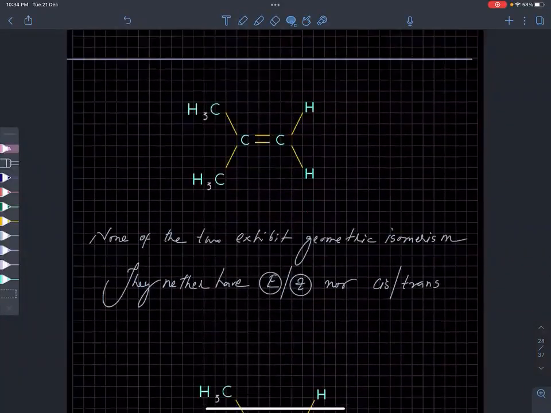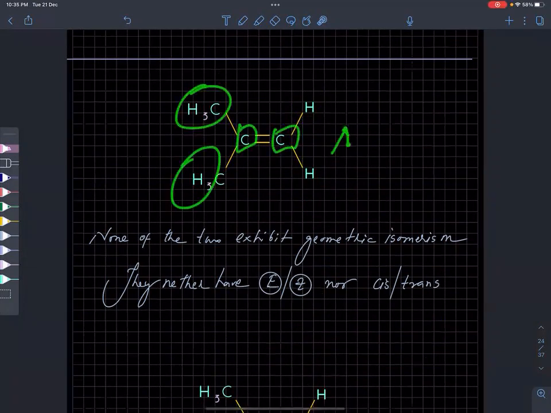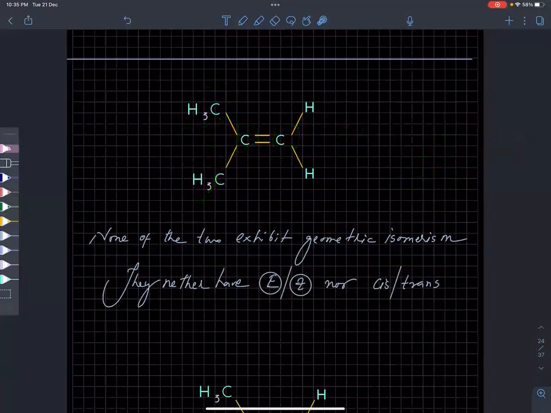What about this? It does not exhibit geometrical isomerism. You know why? Same two groups on this carbon. For this carbon, same two groups. So no geometric isomerism.